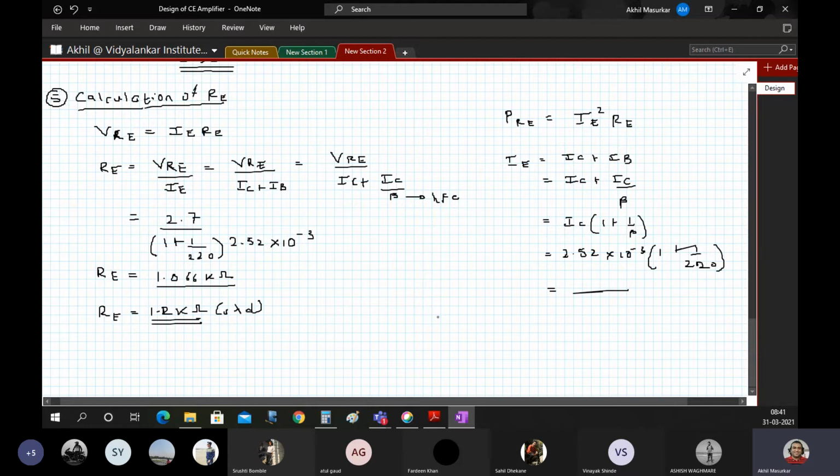Then PRE is equal to this value square into 1.2 into 10 raised to 3. So please calculate the value of IE. Indirectly we have calculated the value here, but we did not note it.